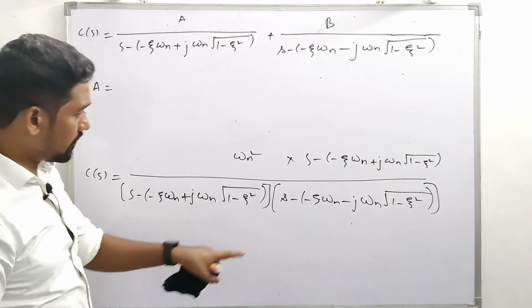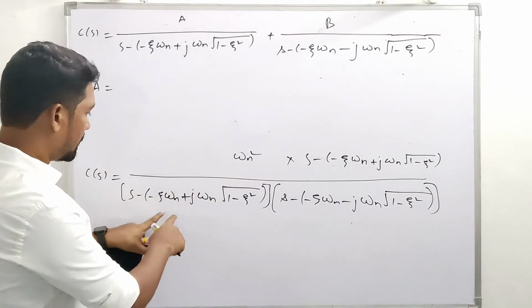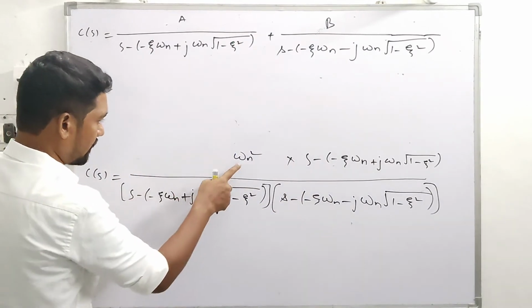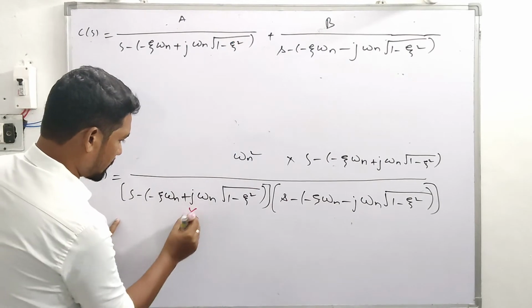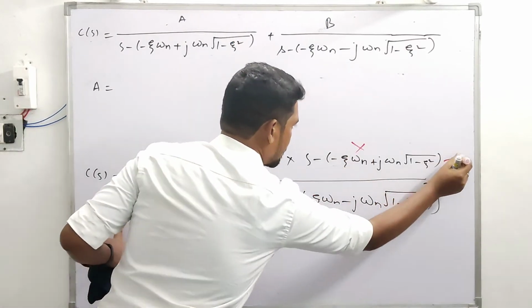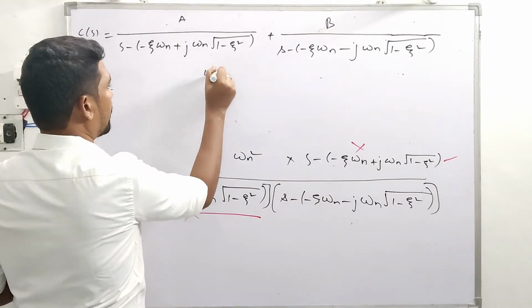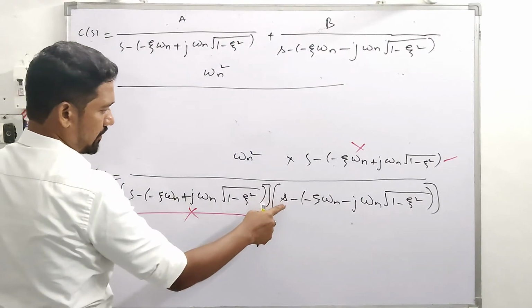All right, so if it is multiplied with this, I mean a residue, this term and this term get cancelled, and what do we have? This one, a, we are calculating for a, so for the time being, these two terms get cancelled, and omega n square as it is from the previous term, omega n square, and we'll be left with this one.